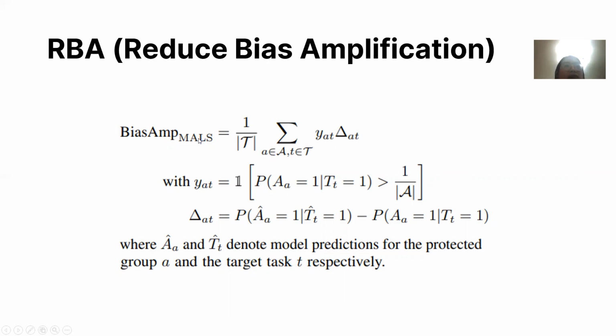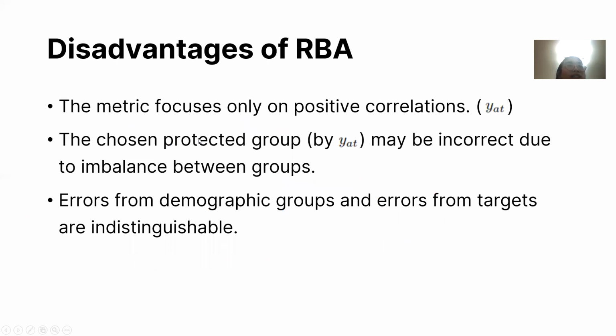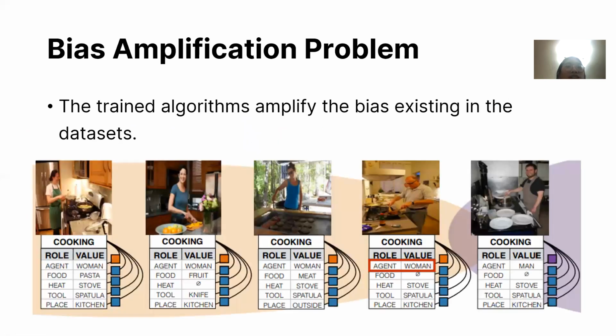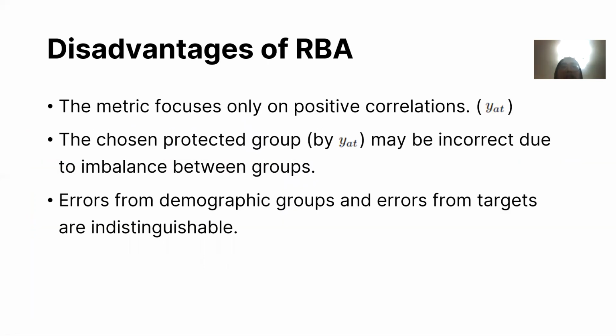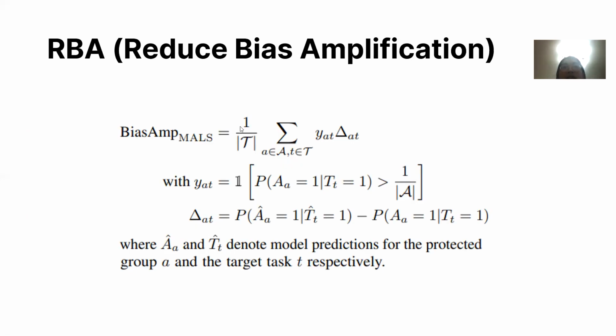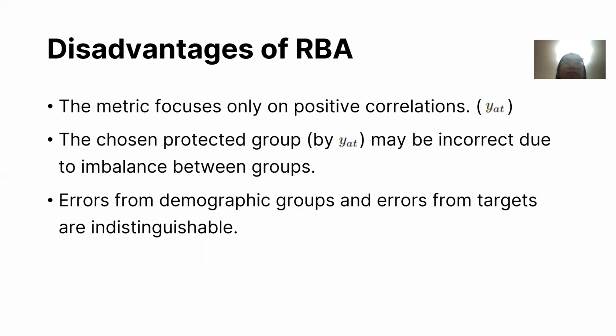And there are some problems, as stated in the Directional Bias Amplification paper. The metric focuses on positive correlations because there is no negative y term; there is only a positive y term. And the chosen protected group may be incorrect due to imbalance between groups.